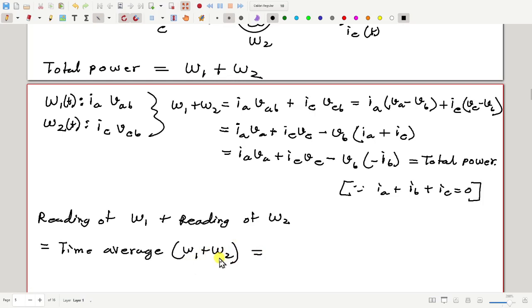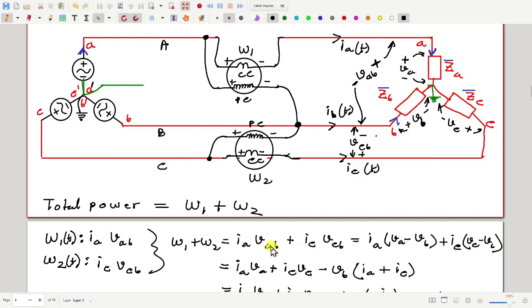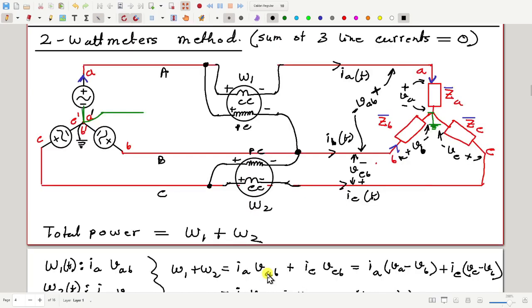But since W1 plus W2 at any moment is the instantaneous power consumed by the three loads together, what will be the time average of W1 plus W2? That will be the total average power of the three-phase load. So this is why this method works. Only with 2 wattmeters we can measure total power.